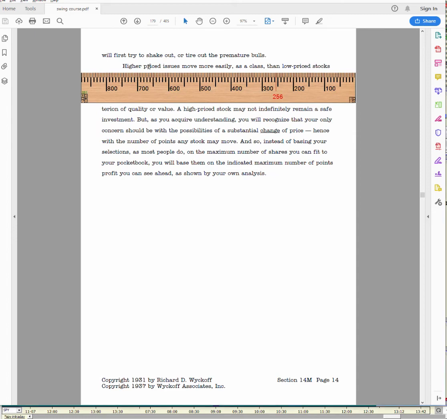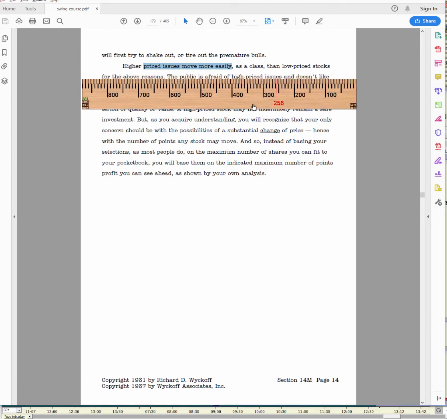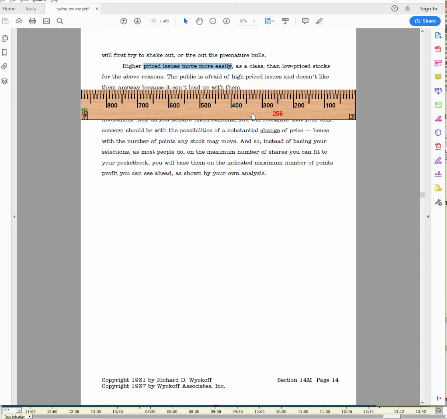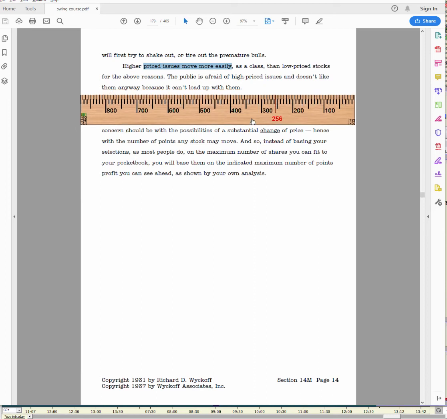High-priced issues move more easily as a class than low-priced stocks for the above reason. The public is afraid of high-priced issues and doesn't like them anyway because it can't load up with them.